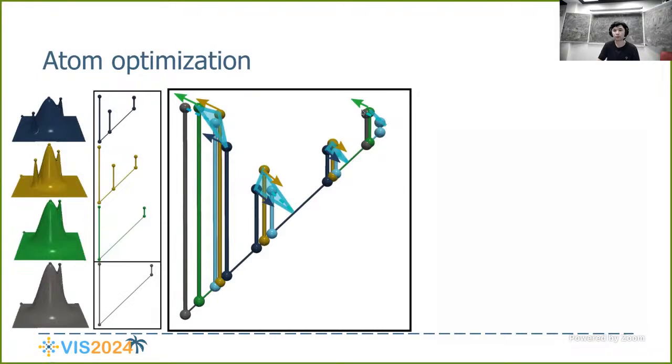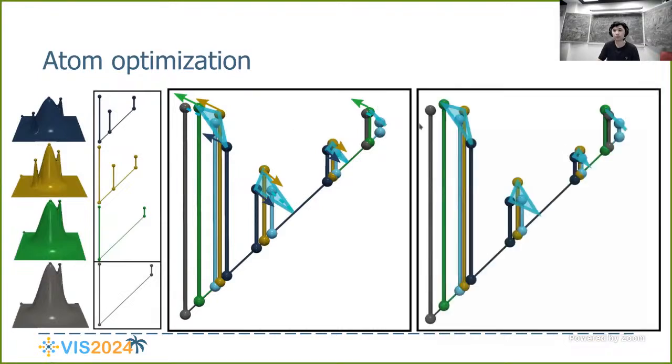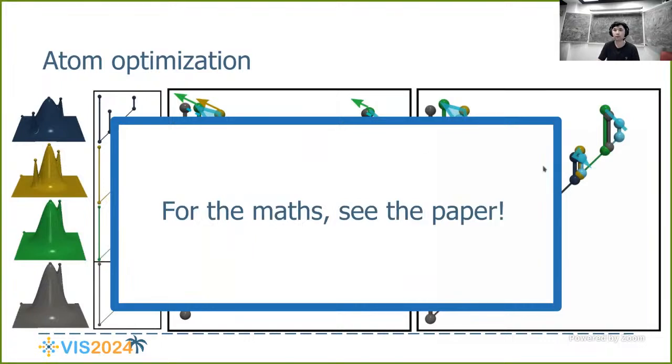We compute a gradient, and then we update. And as you can see on the right, each point in the diagrams in the dictionary moved so that each cyan point is a better approximation of its assigned gray one. And again, for the math, please see the paper.